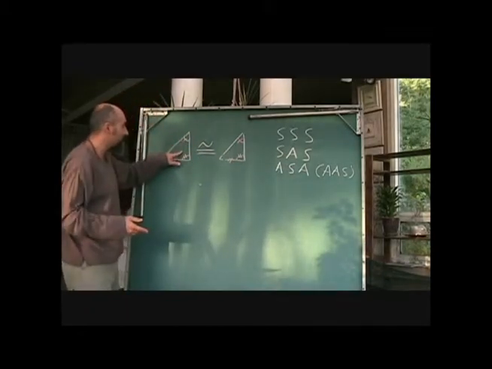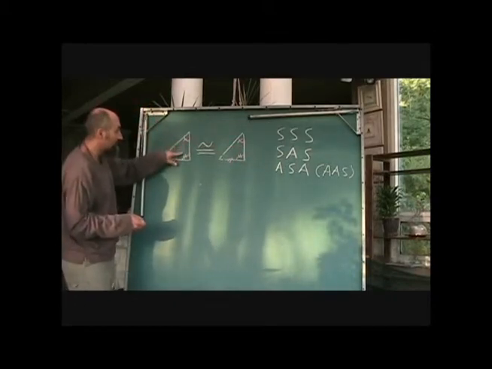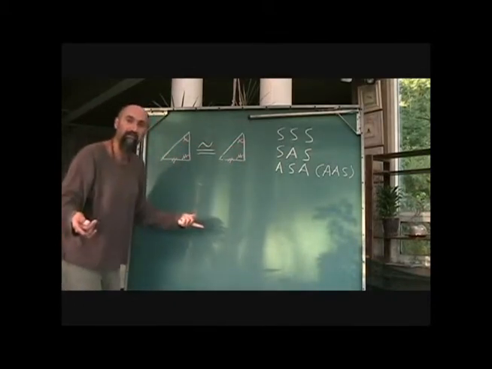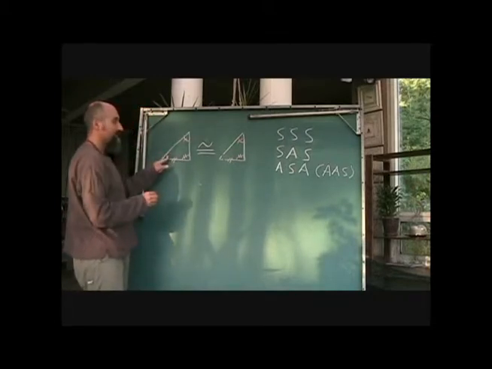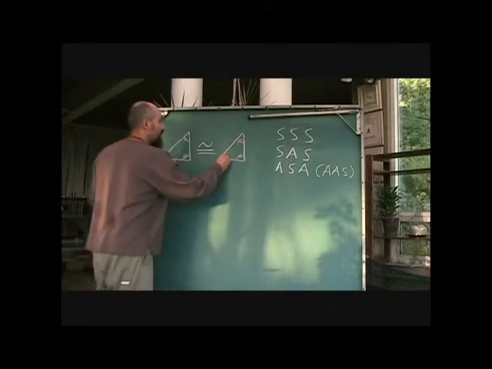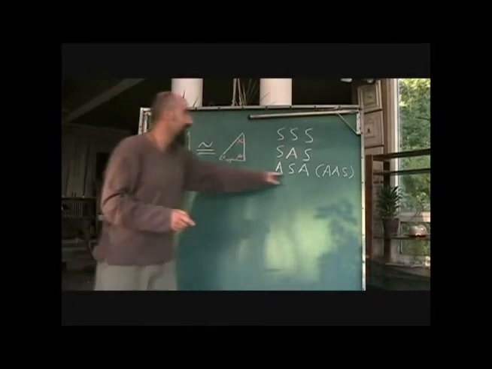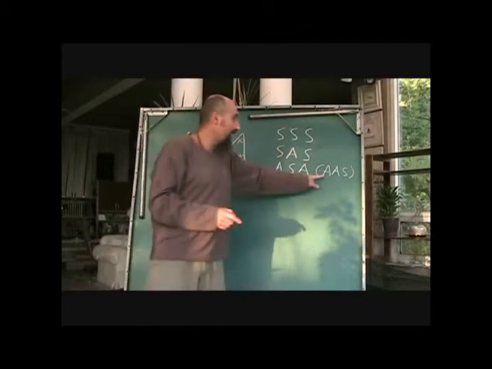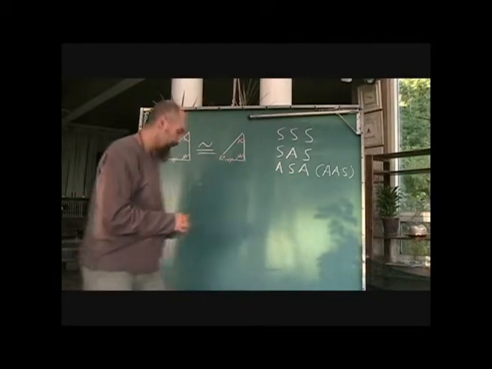So if you know these two angles, then you know this angle. So you would know what this angle is, and because these two are the same as this, then you know that this is identical to this. Now you have angle, side, angle, angle, side, angle. So that's why angle, angle, side is the same thing as angle, side, angle, okay?